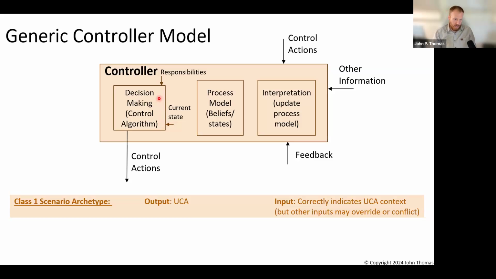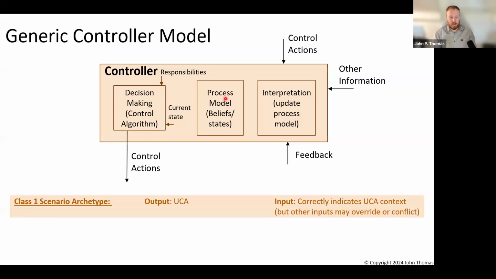And if we mess up the decision-making basis, if we have gaps in responsibilities or conflicting responsibilities, or if we have a poor understanding of the current state, that's going to mess up our decision-making, right? So those need to be included in our causal factors when we refine basic scenario class 1.